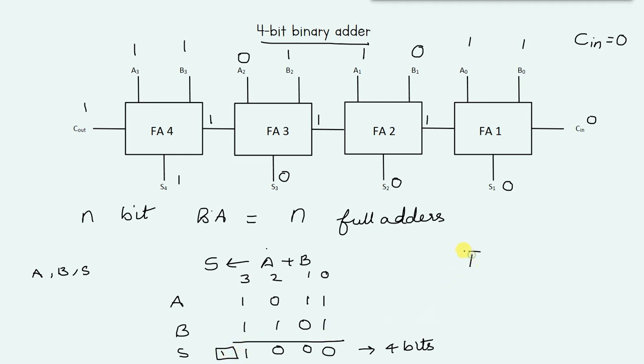So the answer would be 1, which is the carry, and 1 0 0 0. To also include the carry out bit along with the contents of S, we need a flip-flop to store that bit, which is known as E, that is an extended carry.